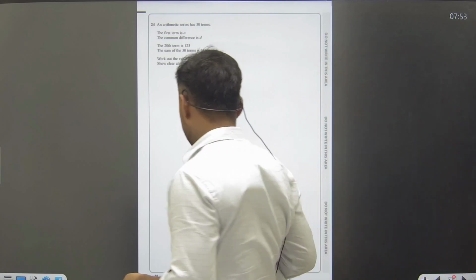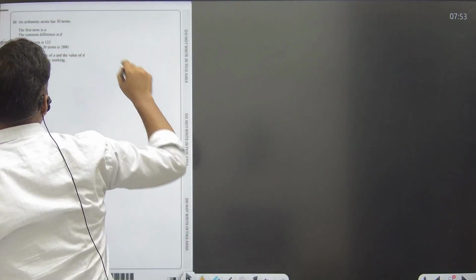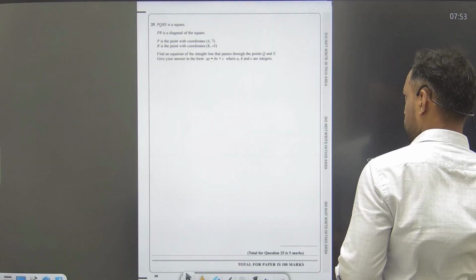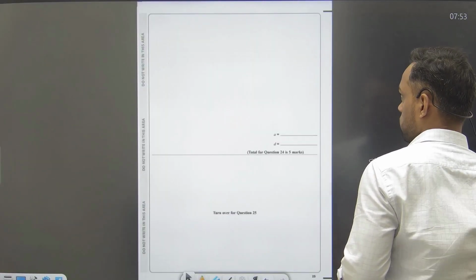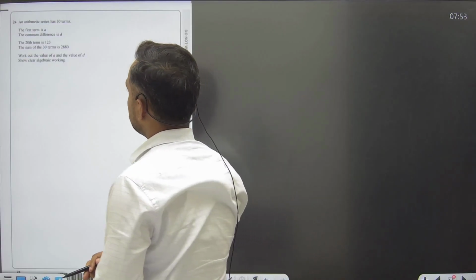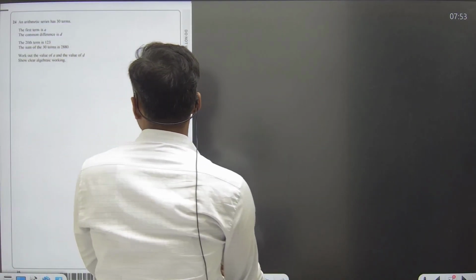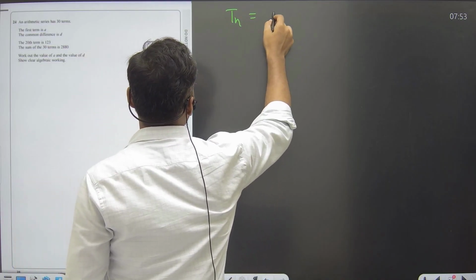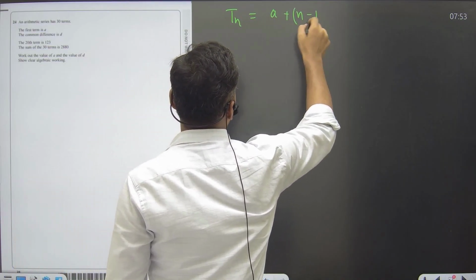See, an arithmetic series has 30 terms. The first term is a, the common difference is d, the 20th term is 123. So we know Tn is equal to a plus n minus 1 d.